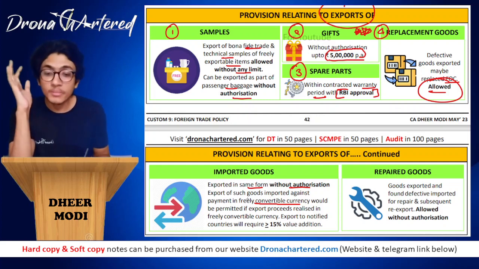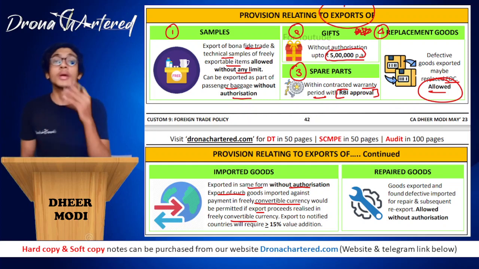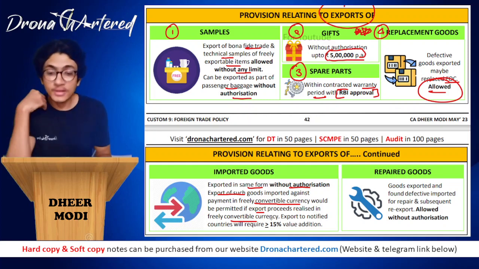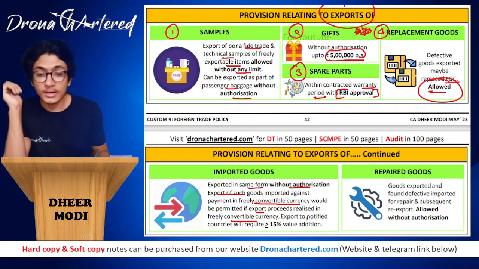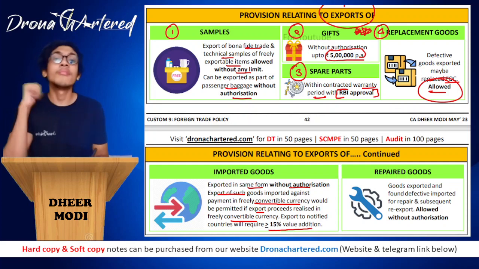Export of such goods imported against payment in freely convertible currency would be permitted. Export will only be permitted if export proceeds are realized in the foreign convertible currency. That means whatever sale that you are doing, that should be received in your freely convertible currency. Export to notified countries will require more than 15% value addition.